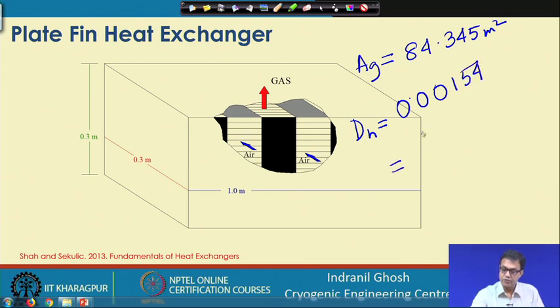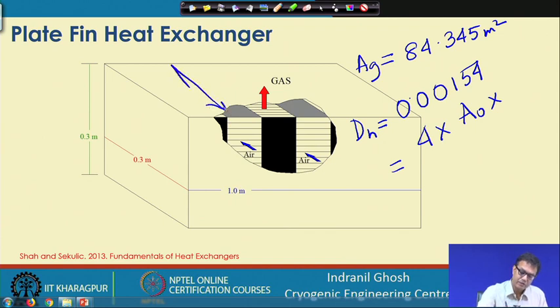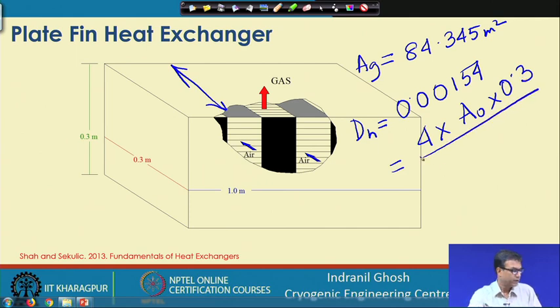That is equal to 4 times A0 times the length, which is 0.3 meter, divided by the heat transfer area, 84.345.